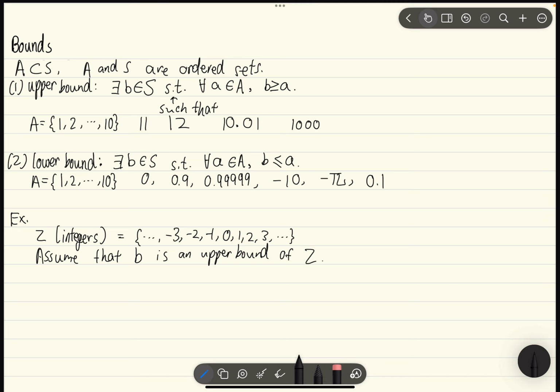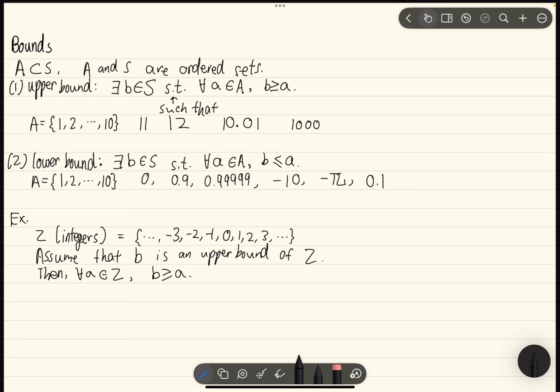So what this means is for any element a in Z, so a is an integer, we have that b is larger or equal to a. But obviously b is an actual number, like 1 million, 1 trillion, 1,000 trillion.